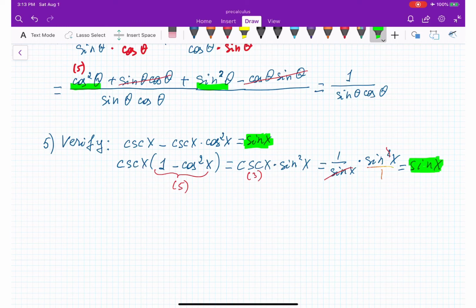And the last problem, number 6. Also, we need to establish the identity.